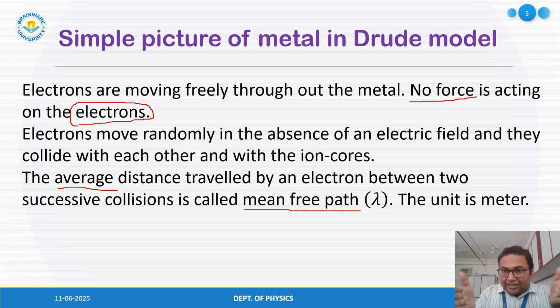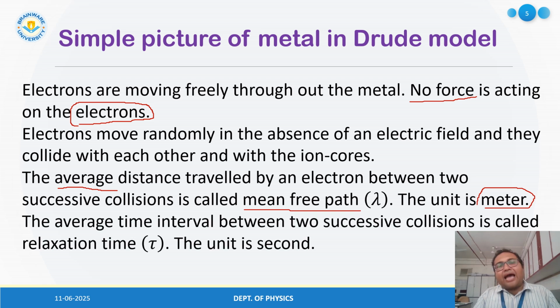The average distance between two consecutive collisions is called mean free path. Usually it is denoted by the Greek letter lambda. The unit of mean free path is meter, because it's a distance anyway.